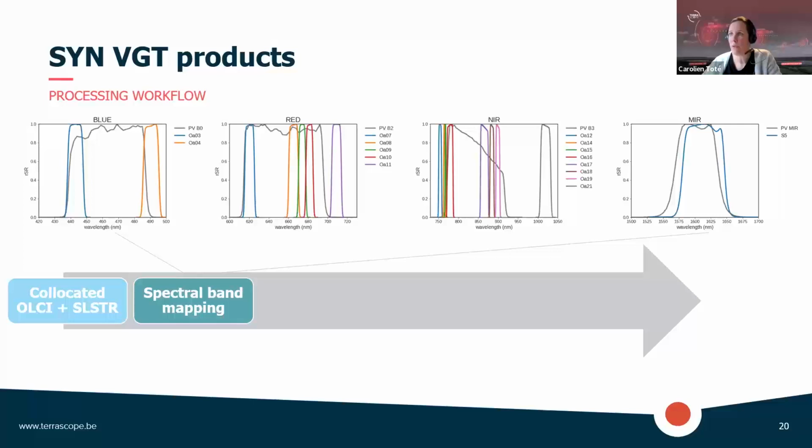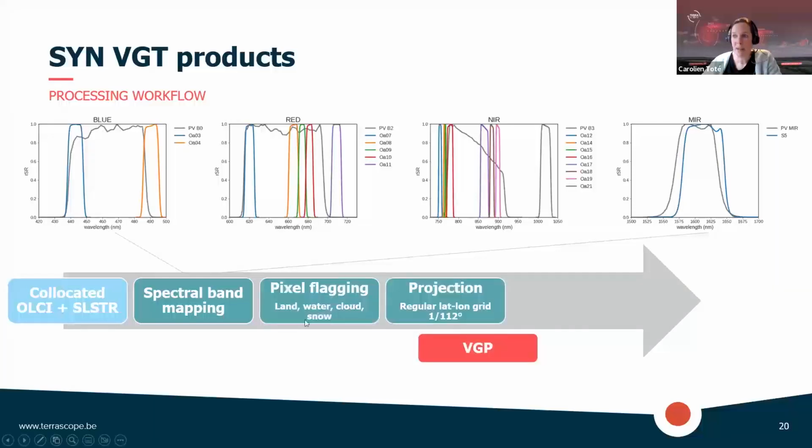Here you see, for the 4 bands of SPOT-VGT or PROBA-V, the blue, red, near-infrared, and shortwave infrared, an overlap of the PROBA-V spectral response function with those of OLCI and in this case SLSTR. In the spectral band mapping, this information from OLCI and SLSTR is combined to match the PROBA-V or SPOT-VGT channels.